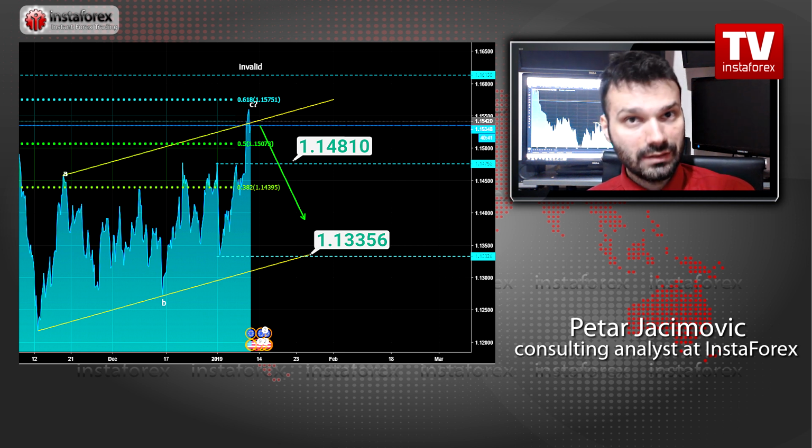So watch for selling opportunities on this currency pair due to the overbought condition and potential end of the upward correction. At the same time, the pound sterling is still trapped by uncertainty around the Brexit deal.